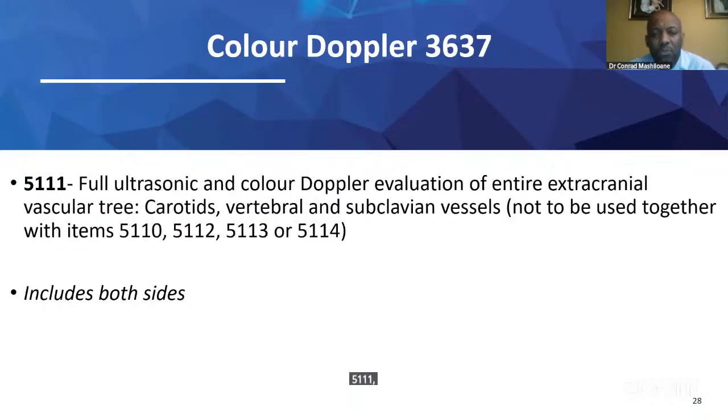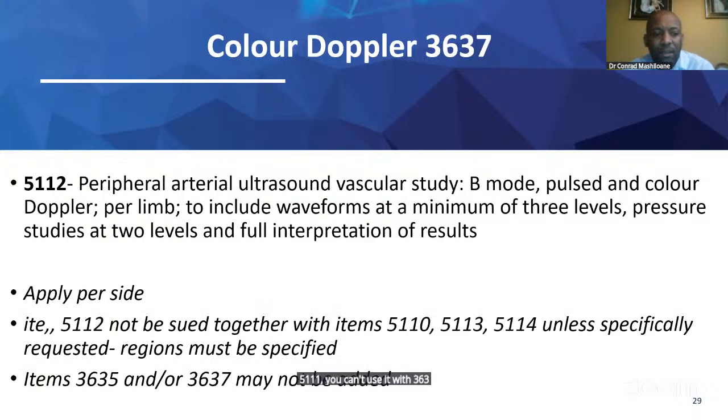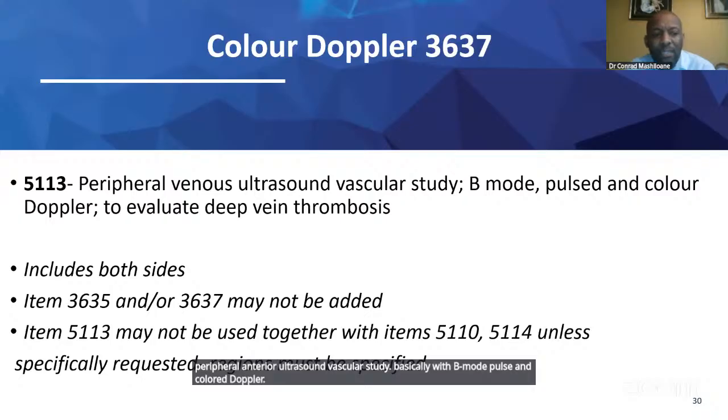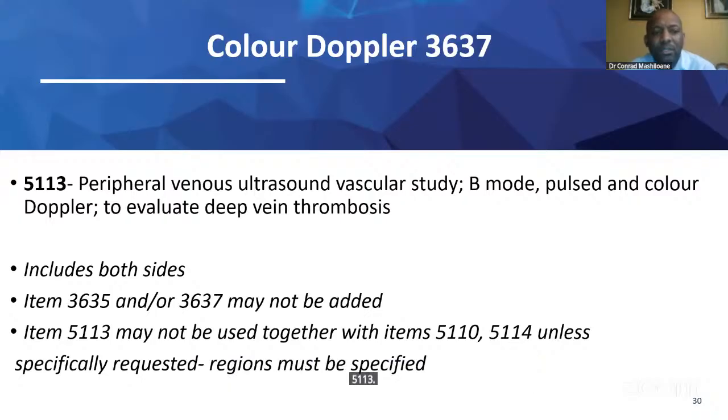5111, you can't use it with 3637. 5112, this is a peripheral arterial ultrasound vascular study, basically with B-mode, pulse, and color Doppler. 5113 is not to be used with 3637.